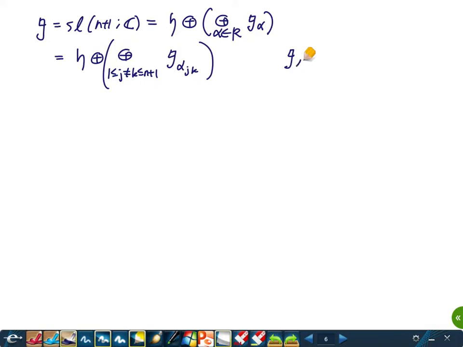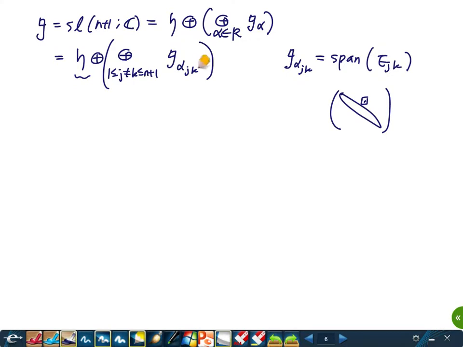Because g_alpha_jk means the span of the root vector. Do you remember the root vector for this? E_jk, span of E_jk. So basically from here, every matrix can be written, using these you can give any number to the jk entry. And for the diagonal entries, we have h. So this is really the decomposition.